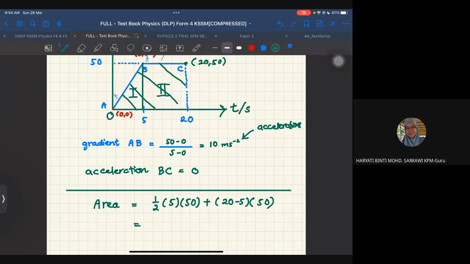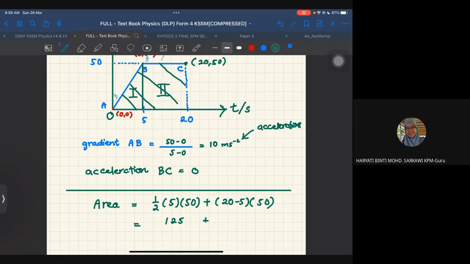750, everyone get the same? A to B is 125. Try first, try first. Correct, 125.